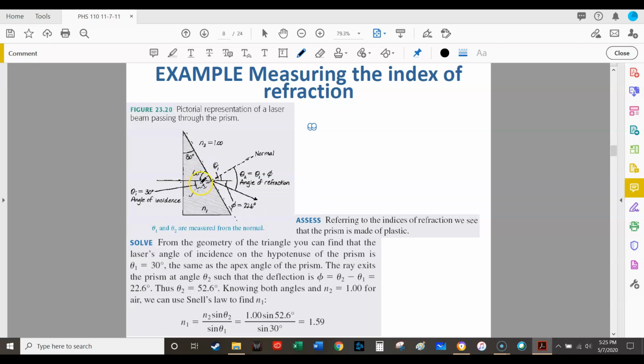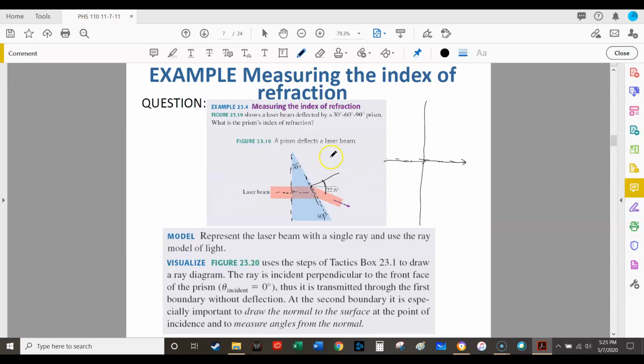But you also have this 30-degree angle that it is deviated from, and this is the incident ray, deviated from that original angle. So it's coming in, and then when it starts to leave, right here, it's leaving at 22 degrees off of this line right here.